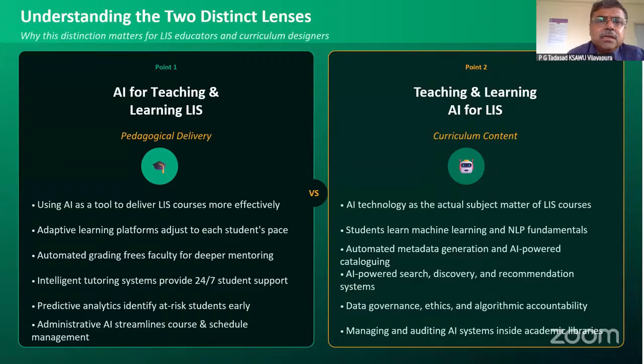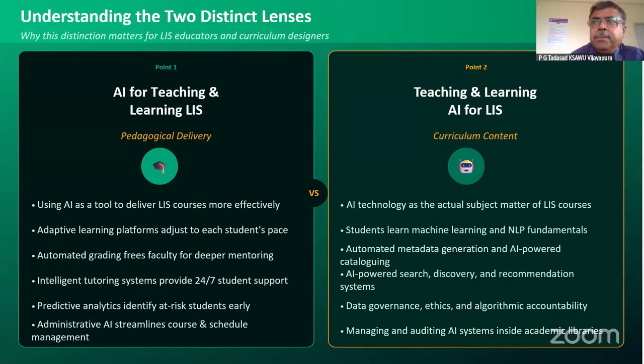There are always computer science engineers with us, or AI specialized engineers. We should know the content because we are using it as a tool to provide library operations. We are using it as a tool to provide library services. Hence, as a subject matter, we have to study.